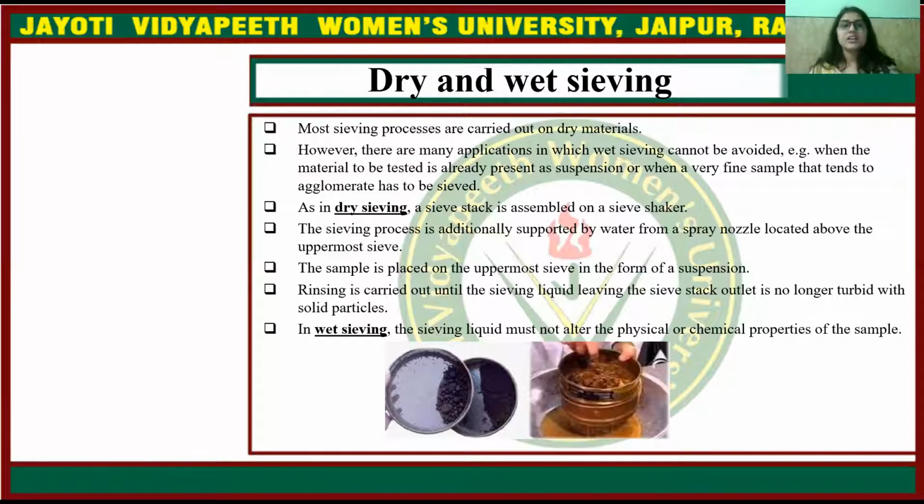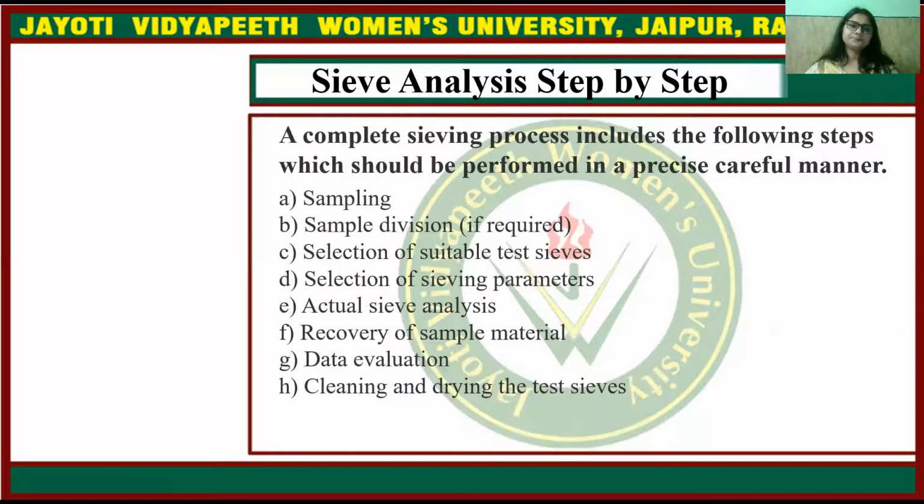As in dry sieving, a sieve stack is assembled on a sieve shaker, and the sieving process is additionally supported by water from a spray nozzle located above the uppermost sieve. The sample is placed on the uppermost sieve in the form of a suspension, and rinsing is carried out until the sieving liquid leaving the sieve stack outlet is no longer turbid with solid particles. In wet sieving, the sieving liquid must not alter the physical or chemical properties of the sample.